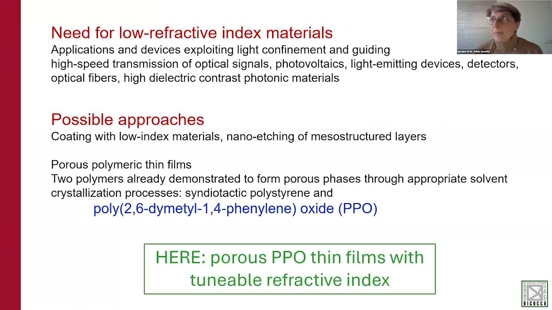As a broad background, the frame where this research can be considered is the need for low refractive index materials, which is something related to any applications or devices where light guiding and/or confinement is necessary. So light emitting devices, detectors, optical fibers, or devices for transmission of optical signals.